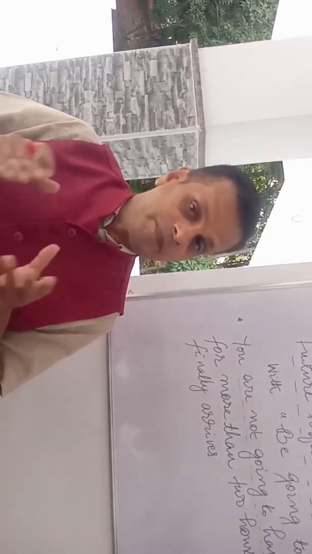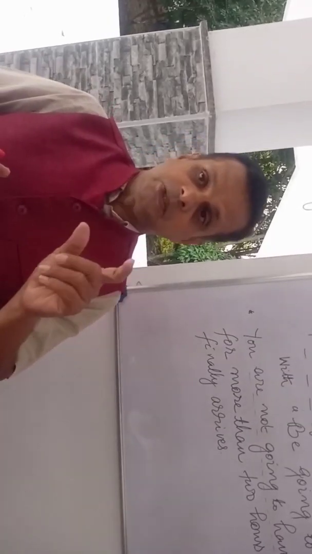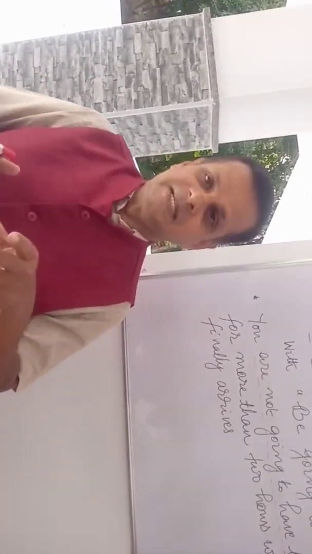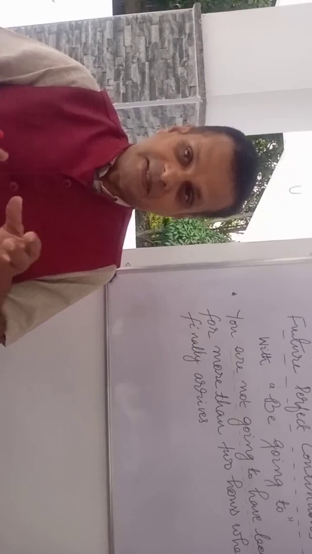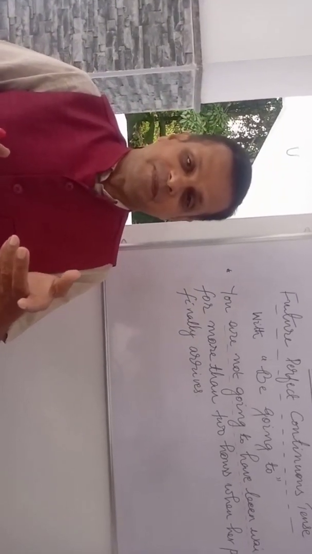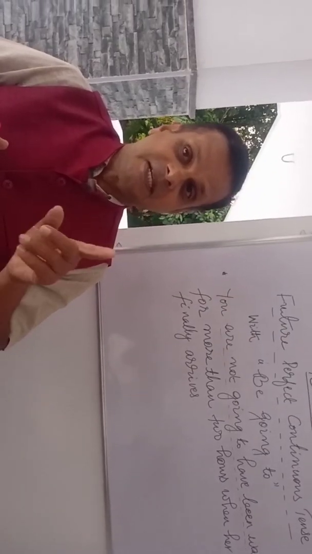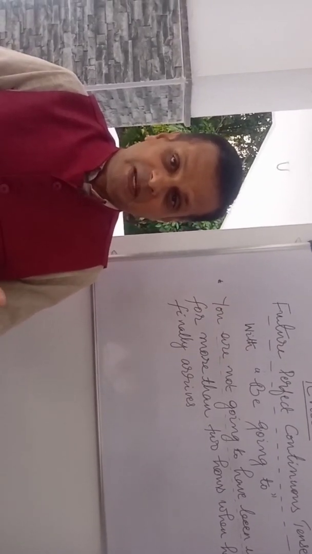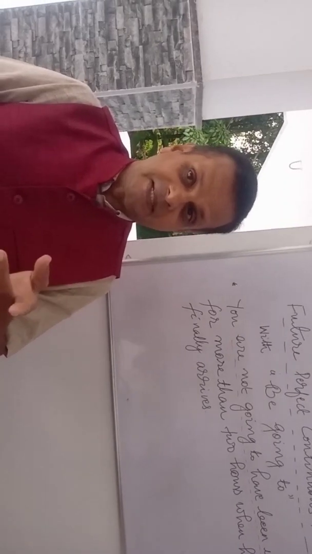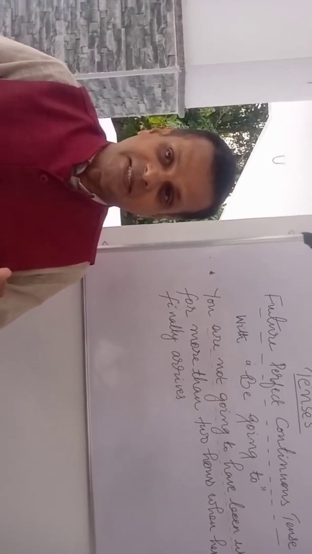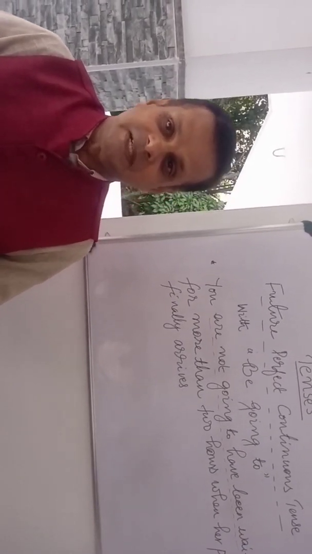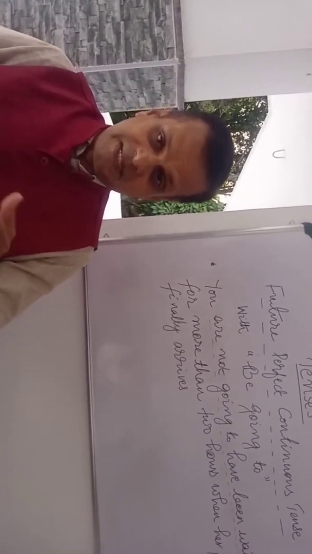What are abstract verbs? Abstract verbs are to be, to watch, to cost, to seem, to need, to care, to contain, to owe, to exist. What are possession verbs? Possession verbs are to possess, to own, to belong. Then emotional verbs: to like, to love, to hate, to dislike, to fear, to envy, to mind, etc.